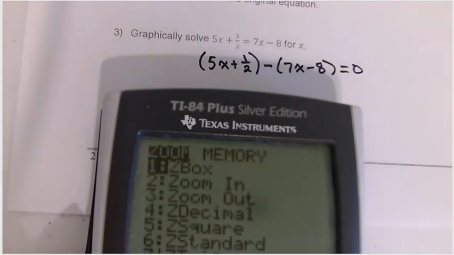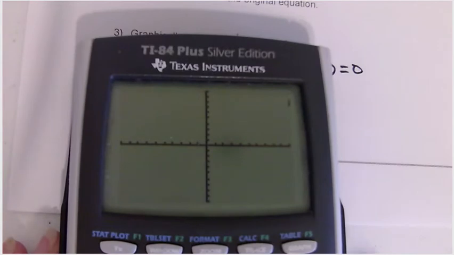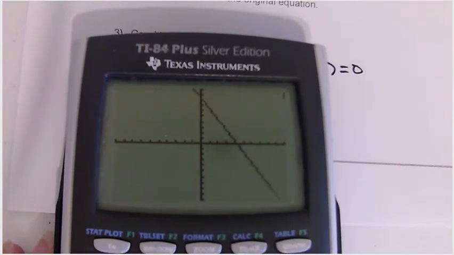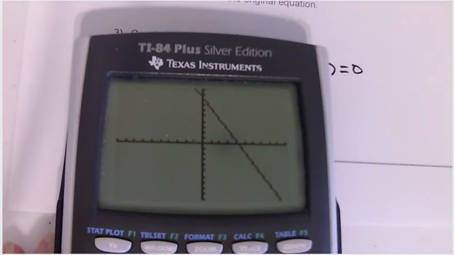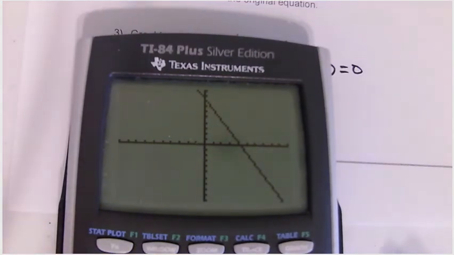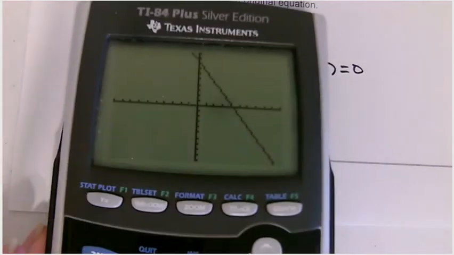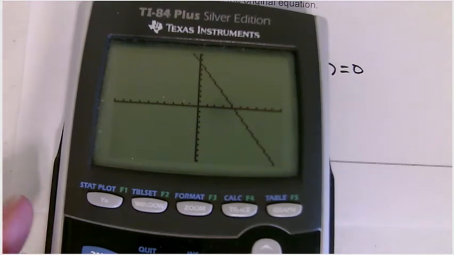And I'm going to go with a standard window first. Do I see where it's crossing the x-axis? I do. Now, I could look at the table. I could guesstimate because it looks like it's around 4. But there's an even better feature, and it's called the 0 feature.